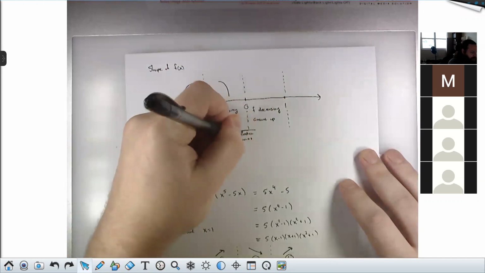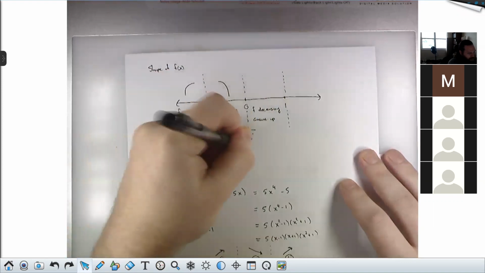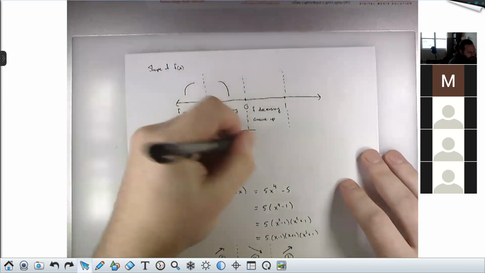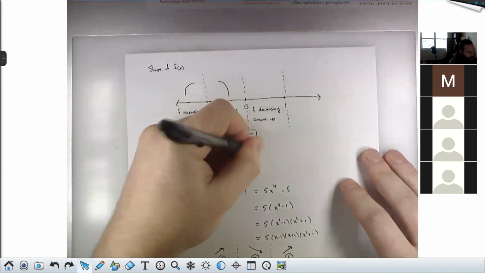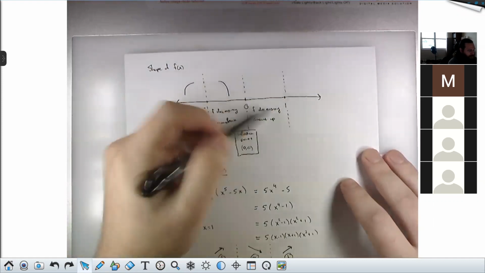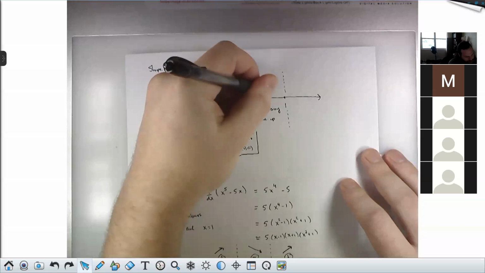And I'm going to want the y value of that inflection point also. It's 0 comma, oh, we actually know, right? 0 comma 0, that's the y-intercept. So I know exactly what that point is. And the shape here, if I'm decreasing and concave up, looks like this.